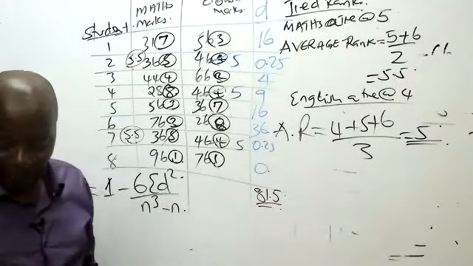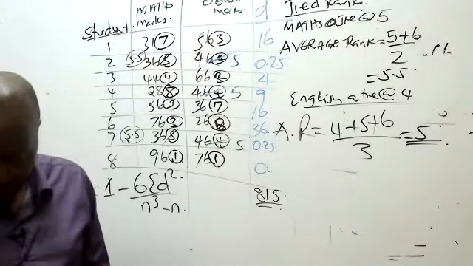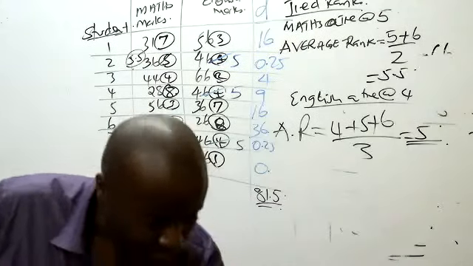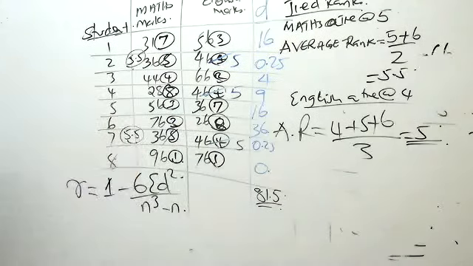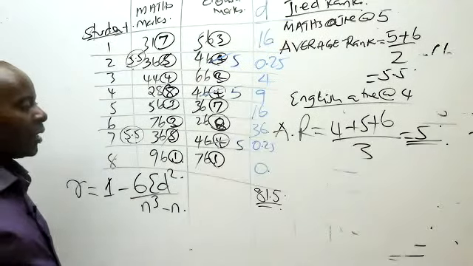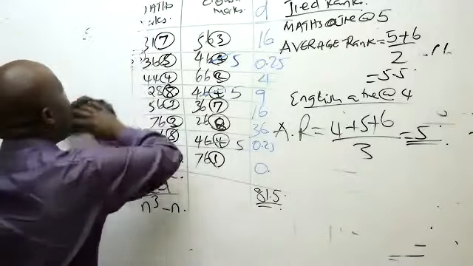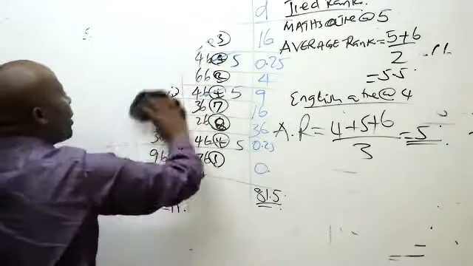Now, ladies and gentlemen, after getting that 81.5, now you have to be very, very careful. We have one concept that we have got to go through, what we normally call the correctional factor.